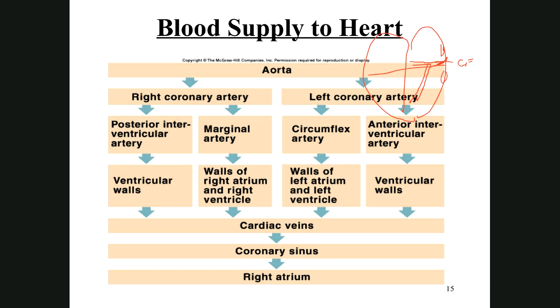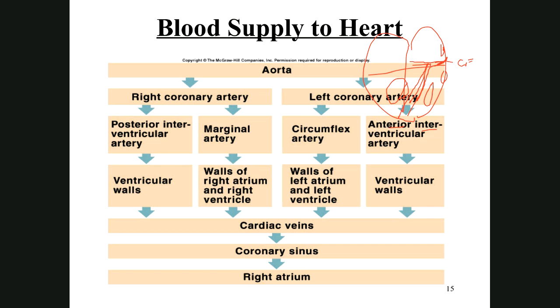But this one continues like this. This is the anterior interventricular artery. Inter meaning it runs between the two ventricles. So the anterior interventricular is serving the left ventricle and the right ventricle because it runs between them. It serves the ventricular walls anteriorly.